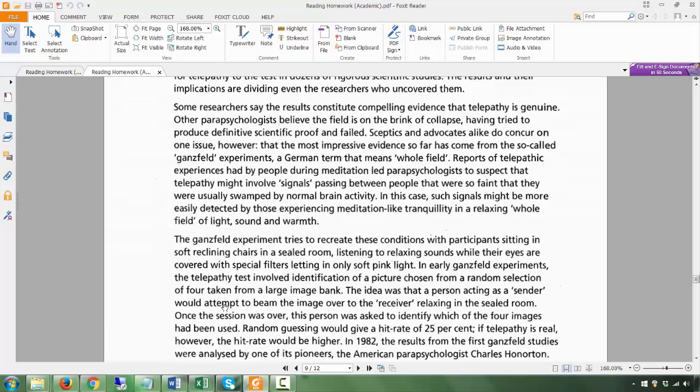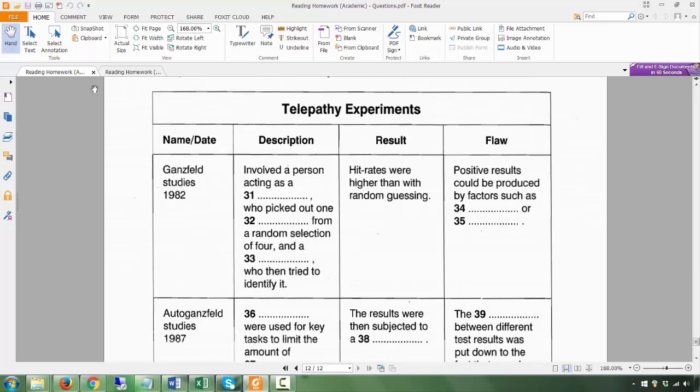The idea was that a person would attempt to beam the image or picture. Both image and picture mean the same thing here. So the sender who picked out an image, or picture, one of them, from a random selection of 4, and who then tried to identify it, a what?